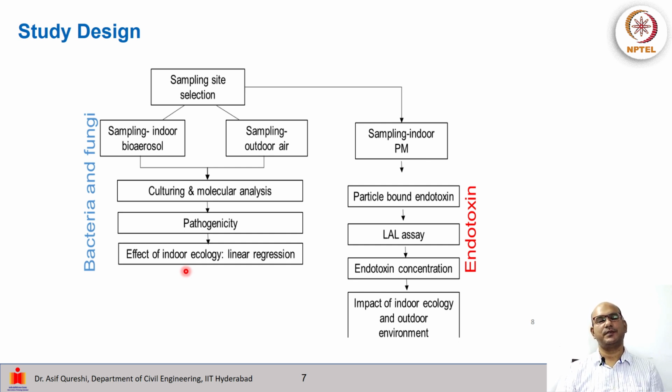So this will be measured or noted, and the bacterial and fungal concentration in the indoor environment will be checked for their association with the indoor ecology using regression methods.